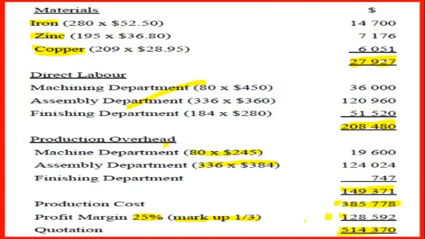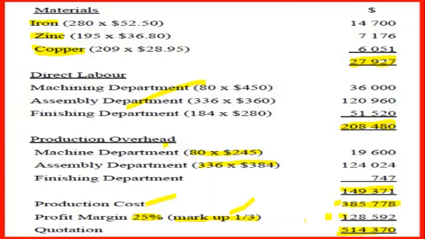Yeah, so you look out for questions like that, right? Your profit is usually on the cost, which means it is markup on the cost, because you do not know this figure until you get this figure. Okay?